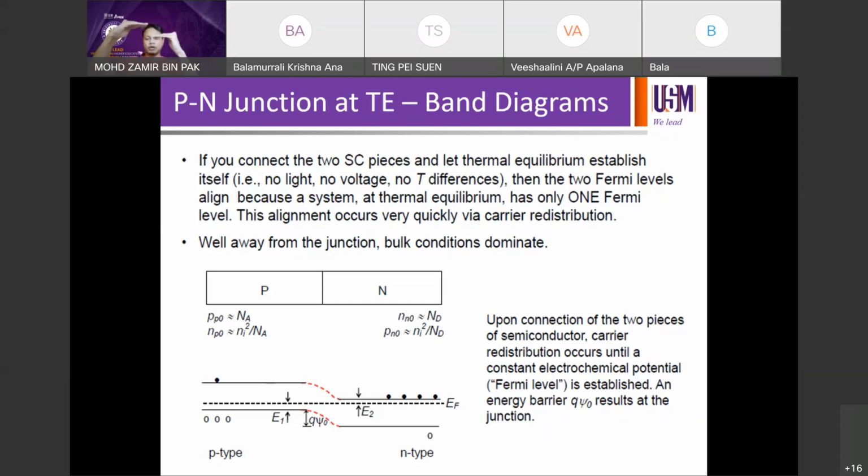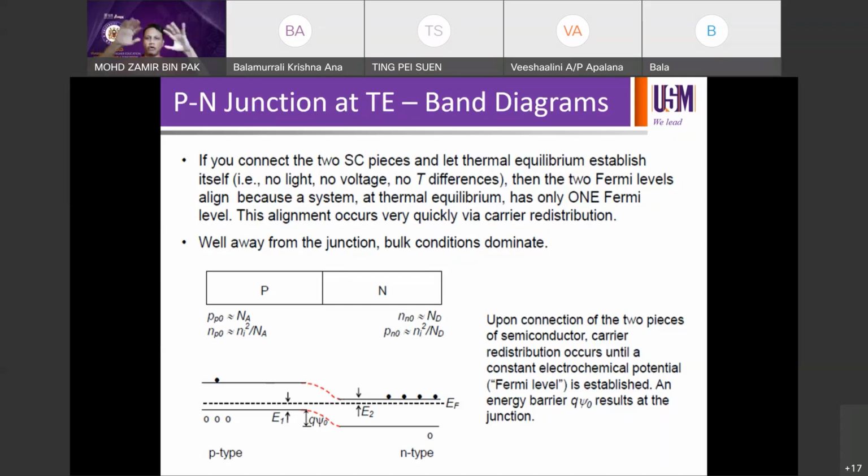The moment the concentration gradient is present, you're going to have diffusion. And the moment you have diffusion near the junction, you are actually aligning this EF to a single level. This EF will come together as a single level.